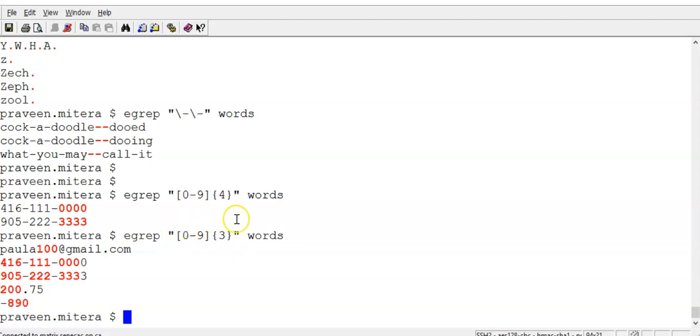There's no anchor here, right? So it can have other stuff before, it can have other stuff after, but it's looking for a minimum of 3 numbers together. And that's why all of these, even this one has 3 numbers, even though it's part of an email address. So anytime it finds 3 numbers, one next to the other, that's going to be a match. So you have to be careful.